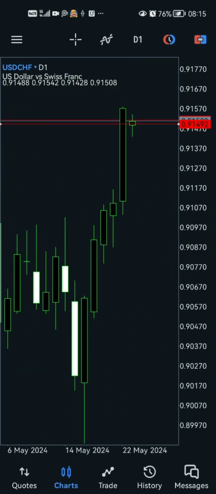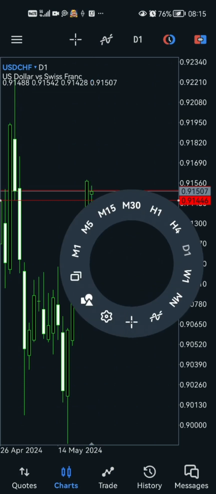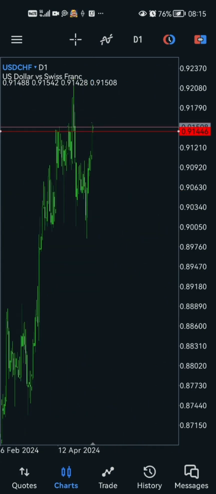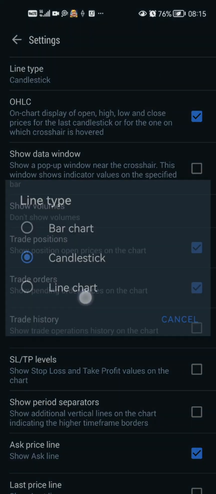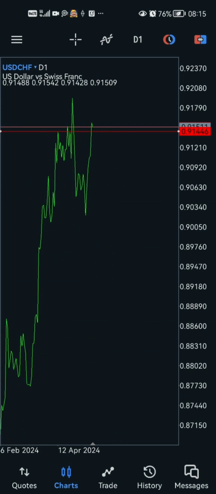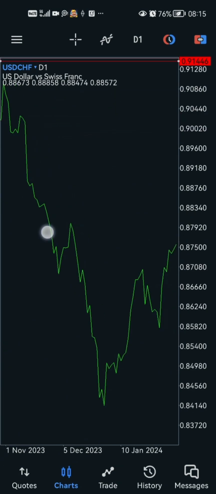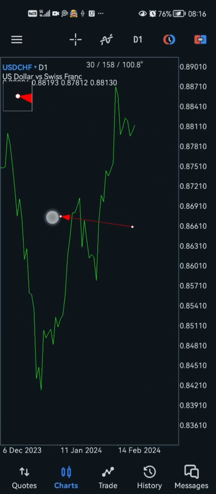Because I'm looking at the daily time frame. When we look at the daily time frame, take it to line chart.